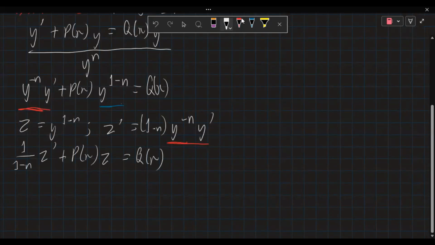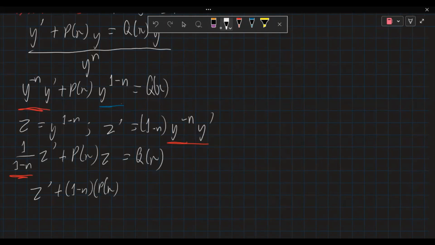So let's take out yung coefficient, so it becomes truly parang yung linear na structure that we know. So this becomes z prime plus p of x. So we're basically multiplying the whole thing by 1 minus n para mawala dito yung coefficient. So this becomes z prime plus 1 minus n multiplied to p of x z equals to 1 minus n q of x.